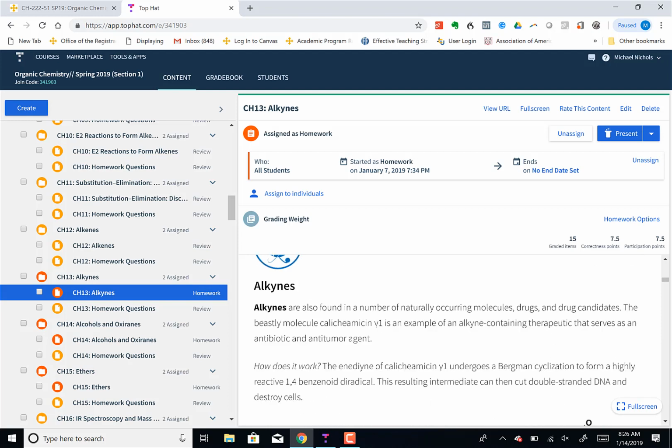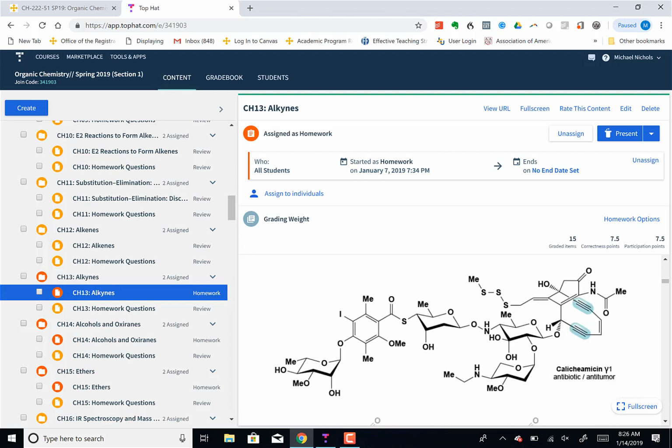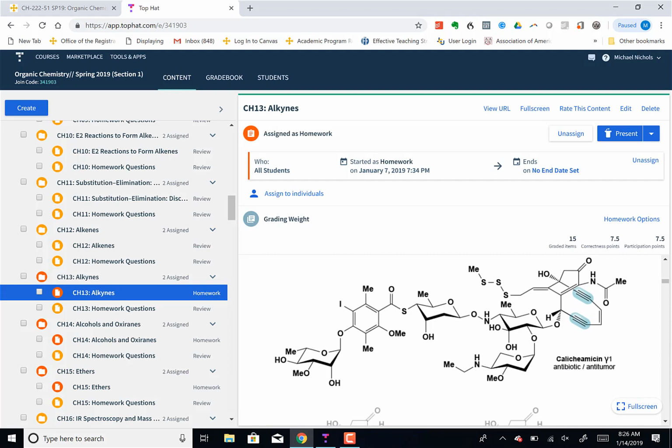And then of course there's keeping it real with this antibiotic that has a triple bond. It's got a 1, 2, 3, 4, 5, 6, 7, 8, 9-membered ring. We didn't get to 9-membered rings last semester. So it's showing you this diene, along with a carbon that doesn't have a bond here.